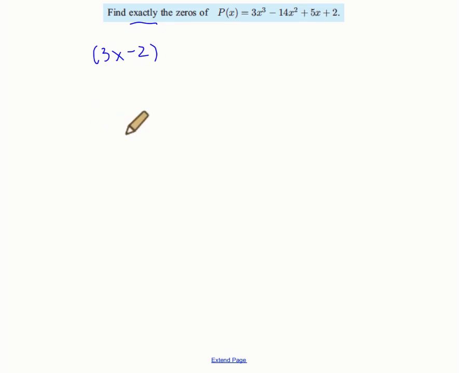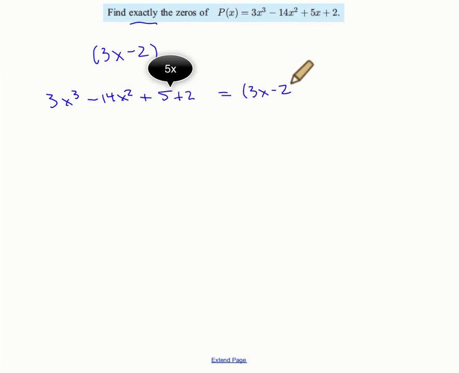So I then know that 3x cubed minus 14x squared plus 5x plus 2 is equal to 3x minus 2 times x squared plus ax minus 1.